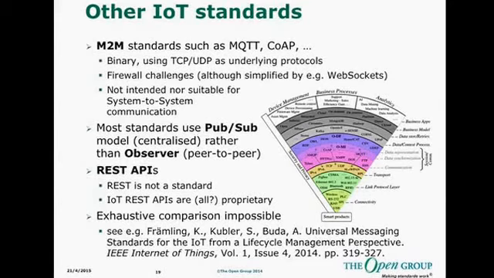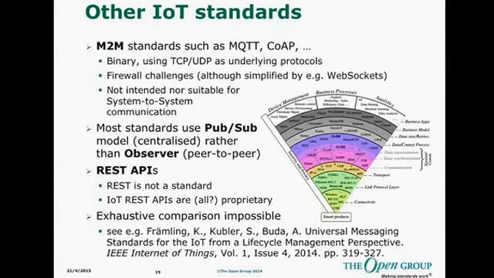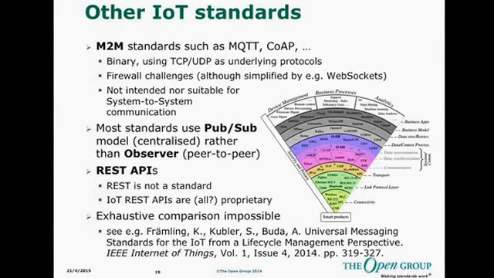But what we can see is that most of those new standards are more or less machine-to-machine standards, such as MQTT, CoAP, and so on, which are binary standards using TCP or UDP as their underlying protocols, which gives you some challenges in going through firewalls and also when you have mobile devices, even though you can get over that using, for instance, WebSockets.